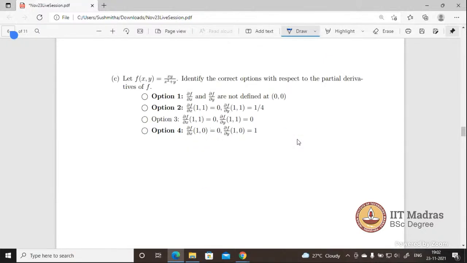How will I find the partial? What is dou f by dou x? I'll treat y as a constant and differentiate with respect to x, right?